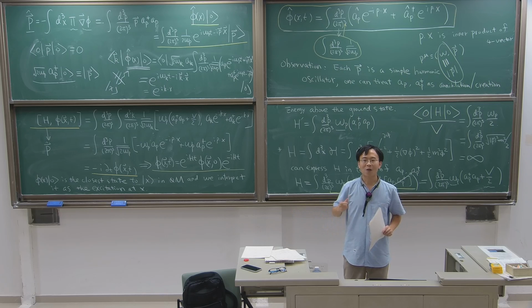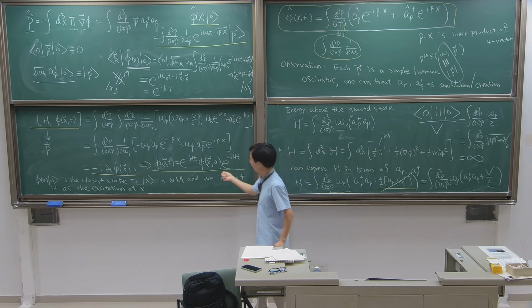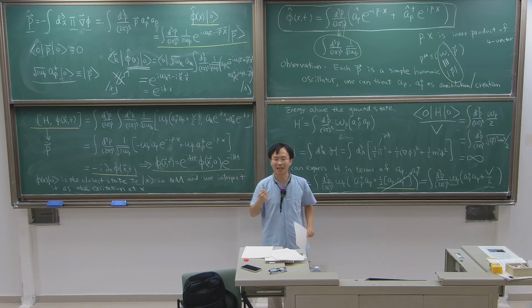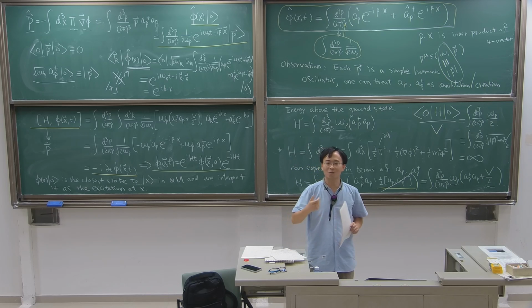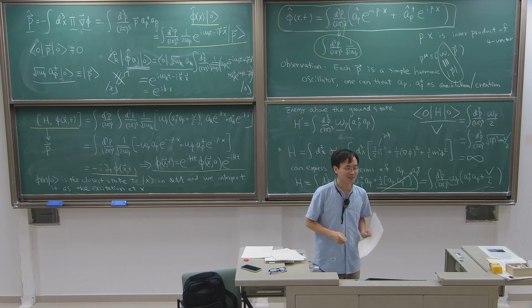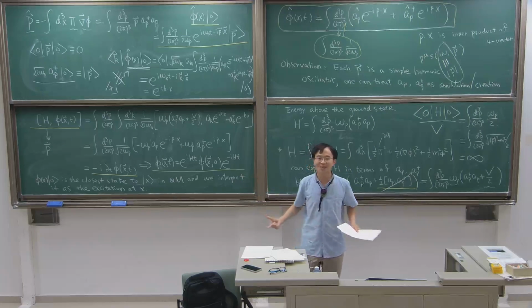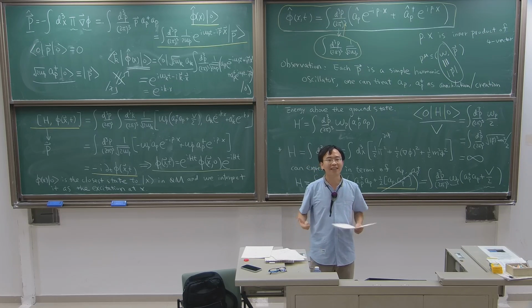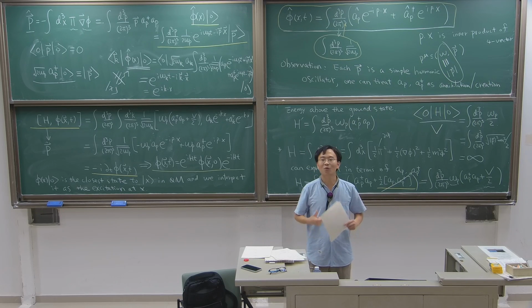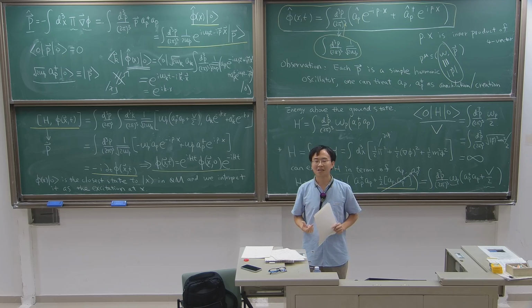So compare this with the knowledge we learned last week. Last week, we expressed the transformation for the fields in an infinitesimal form. Remember that? Now, this is another version, but they are the same thing. This is the finite transformation. Last week, we learned the infinitesimal transformation.